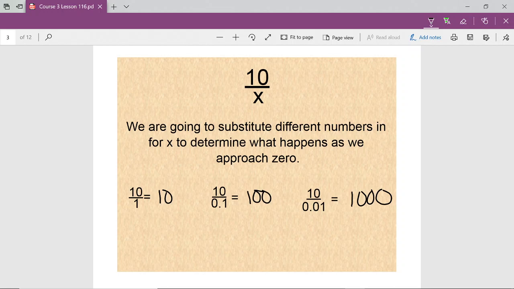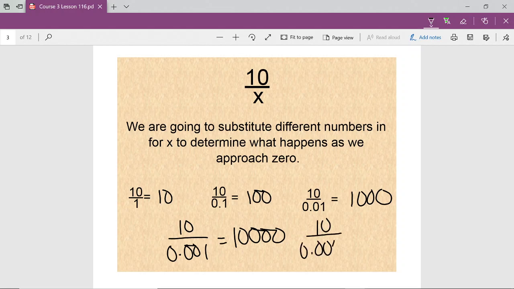As we start decreasing this number, as we get closer and closer to 0, and if we were to continue, let's say 10 divided by 0.001, we would get 10,000. And 10 over 0.0001, we would have 100,000.